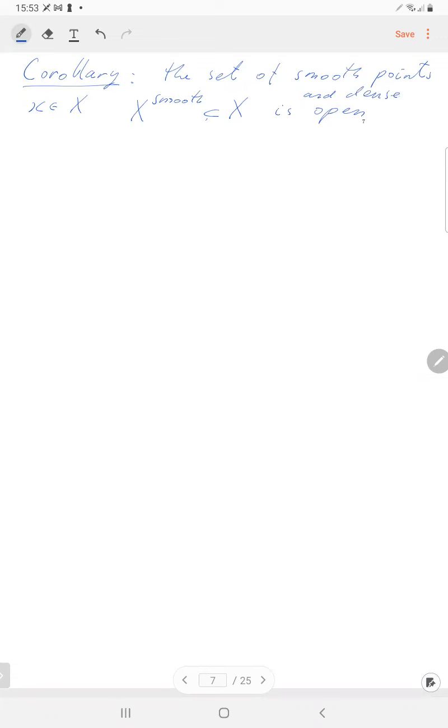If you remember, in the last lecture of last year, we finished by proving that any variety has a smooth point. Now we prove something much stronger: not only does there exist one smooth point, but almost all points are smooth.